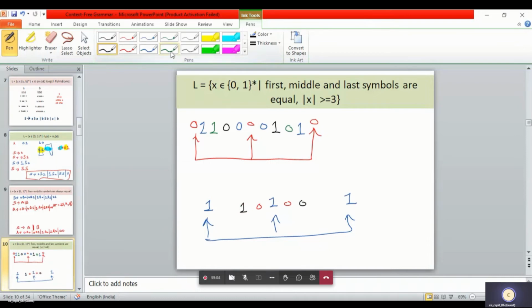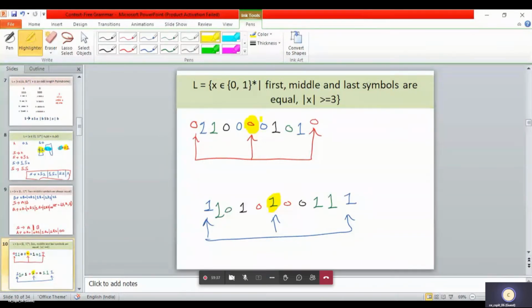I can put 0, 1, or I can have 1, 1. So still you can see that first, middle, and last symbols are equal. So definitely, when we are terminating the process, we have to put at last the symbol 1 if first and last symbols are 1. If the first and last symbols are 0, the middle element should also be 0.